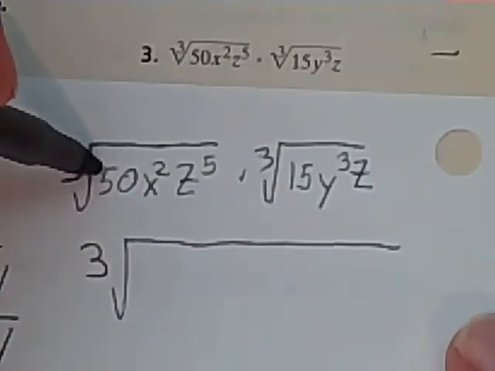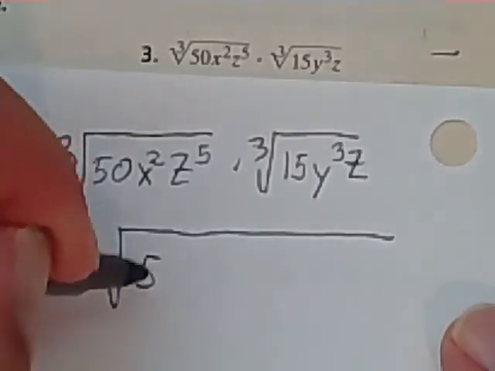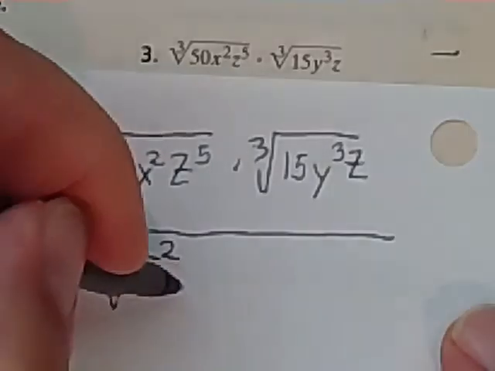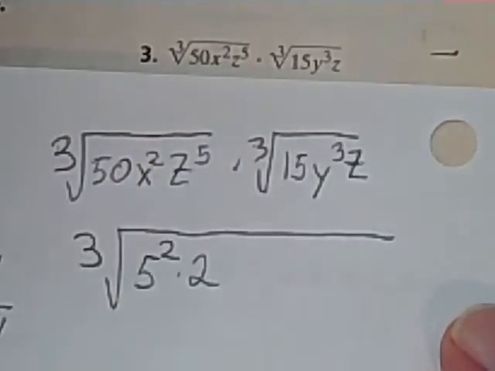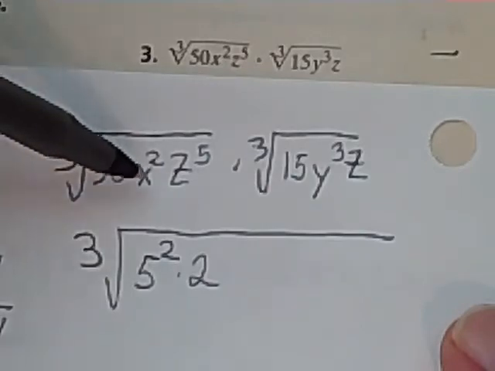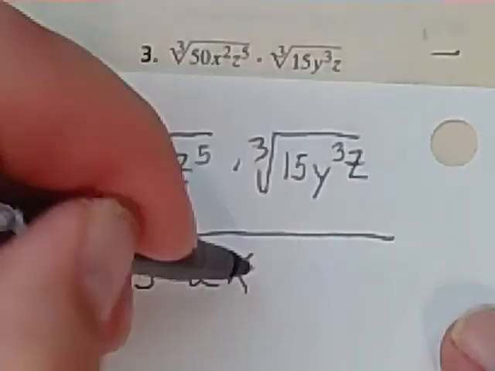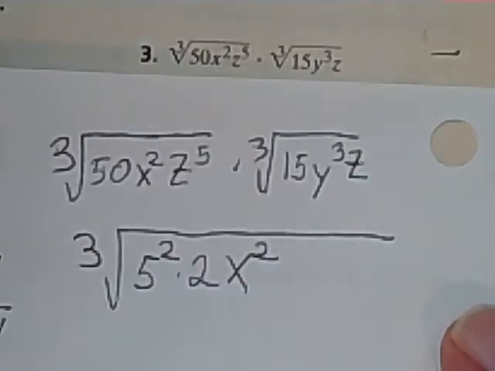Now for 50, I'm thinking in my mind, how do I simplify 50? 50 is 25 times 2. 25 is 5 squared. So 5 squared times 2 is another way of writing 50. For the x squared, there's no other x, so that's going to stay as an x squared.